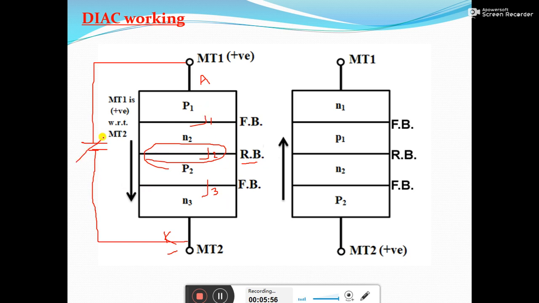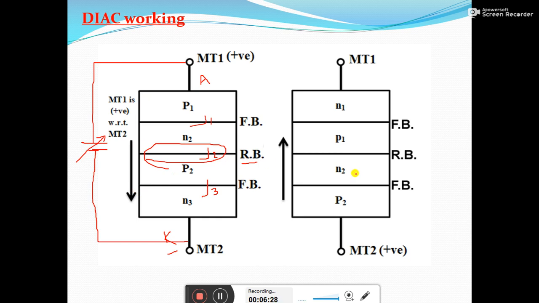If the voltage is increased to a particular point where the junction J2 gets broken down, a large current results from anode to cathode. I can say whenever the applied voltage is more than the breakover voltage of the diac, the junction J2 breaks down and a large current results from anode to cathode. The current direction is shown here.